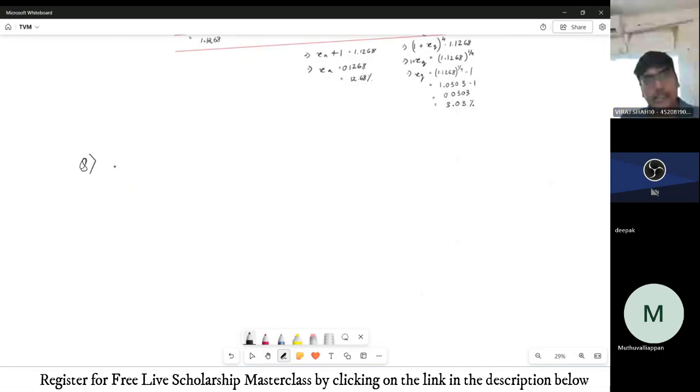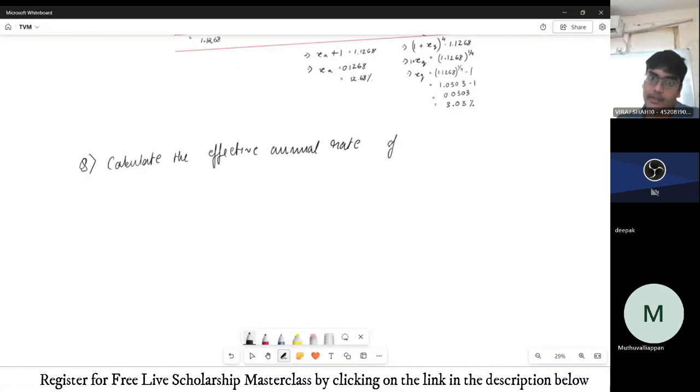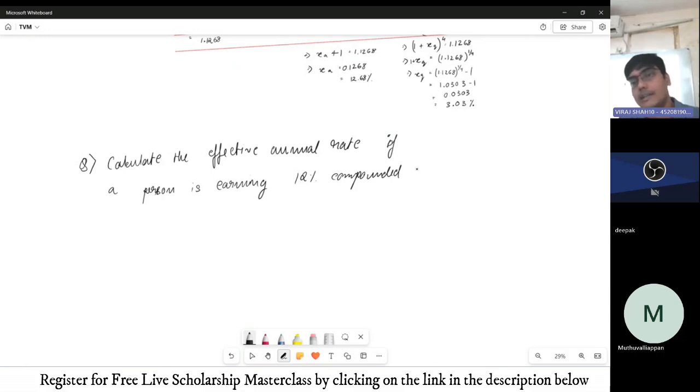Calculate the effective annual rate if a person is earning 12% compounded annually.